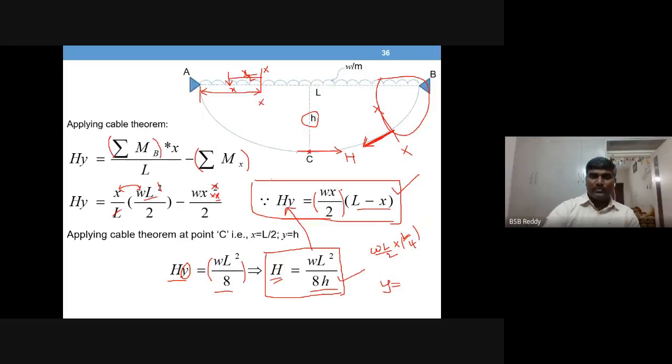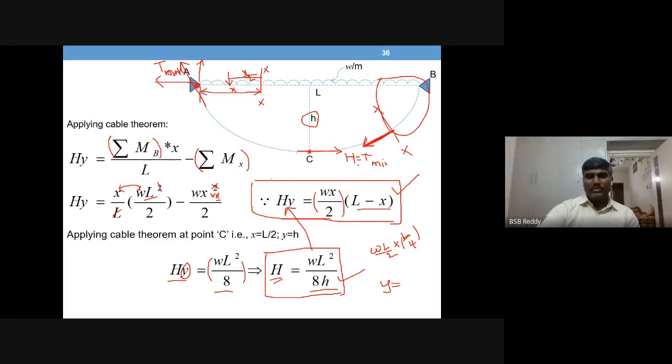So if you see the cable, the maximum tensile force in the cable occurs at the end, the cable end, meaning the support. So this is T maximum, and this is T minimum.